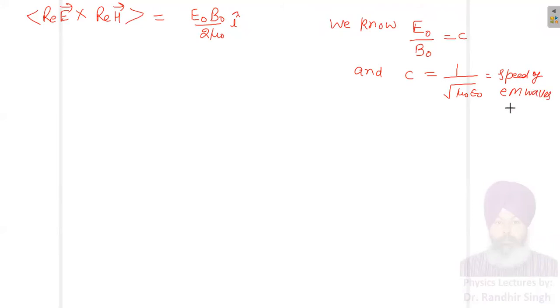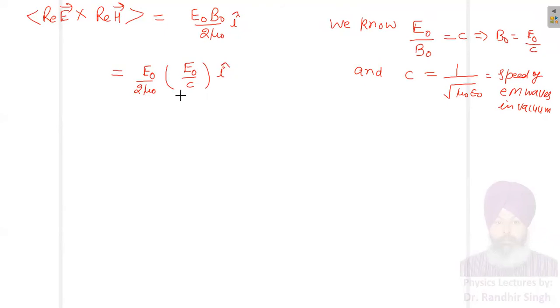These standard results have to be remembered in vacuum. So if you write this, it will become E0 upon 2 mu 0, and from this I can write B0 equal to E0 by c. So this will be E0 by c and i cap.